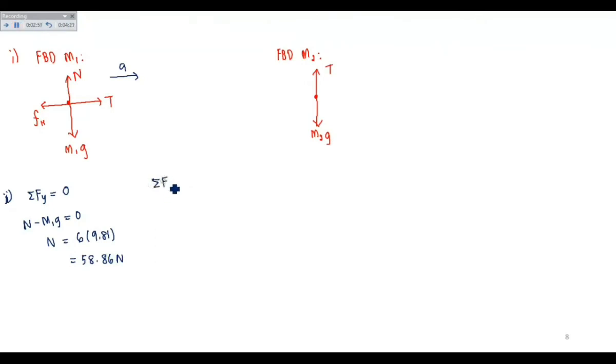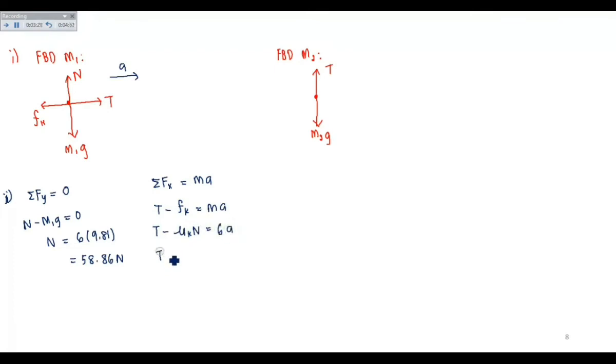Summation Fx equals to ma. Ni summation Fx baru equals to ma sebab motion kita in x direction. So T minus Fk equals to ma. T minus mu k N equals to 6a.